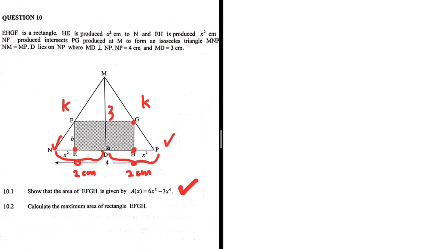We want the area of EFGH. So the area, wanted in terms of x, will be equal to the length multiplied by the breadth.